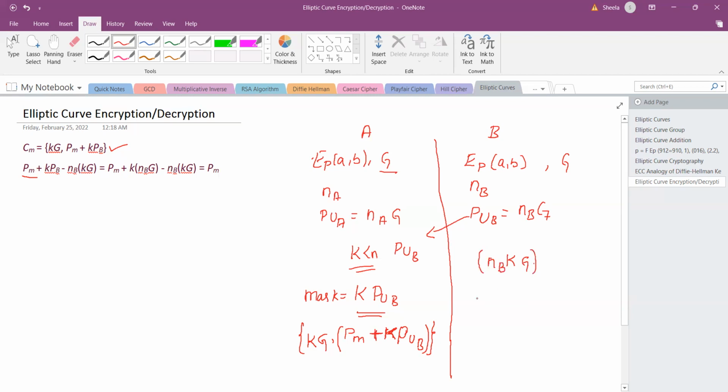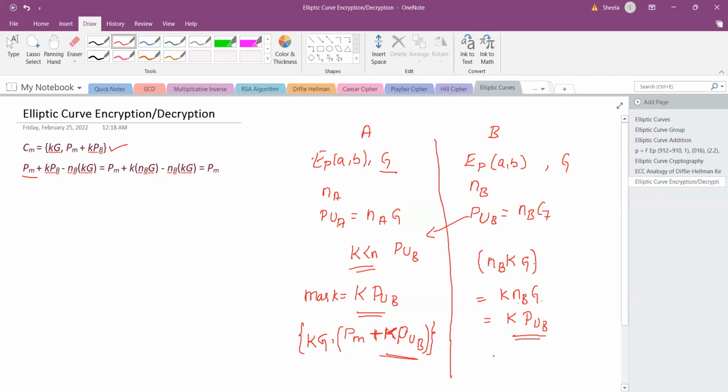So this becomes K times NB into G, where NB into G is nothing but the public key of B. So this is equivalent to K PUB, which is the mask generated by user A.